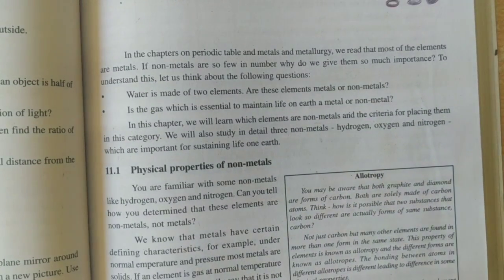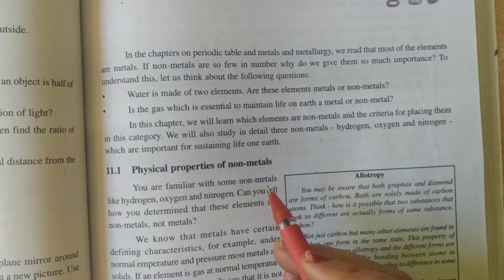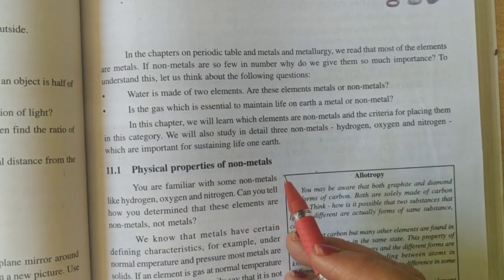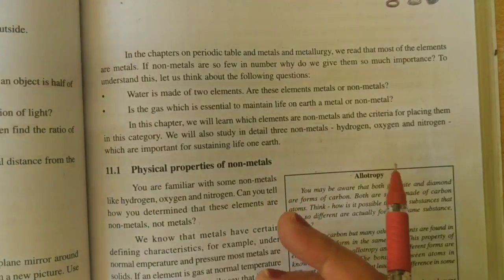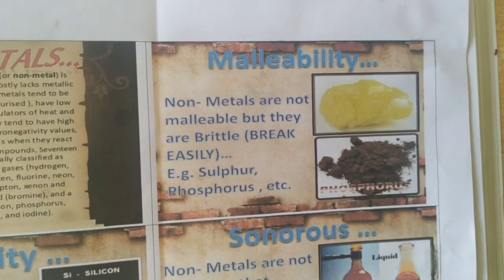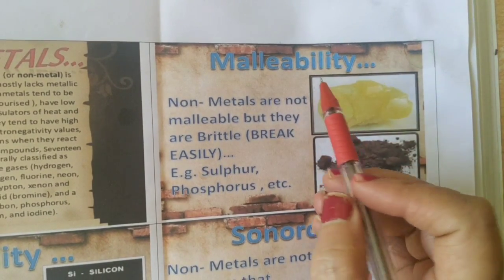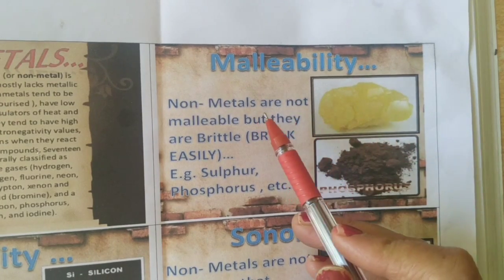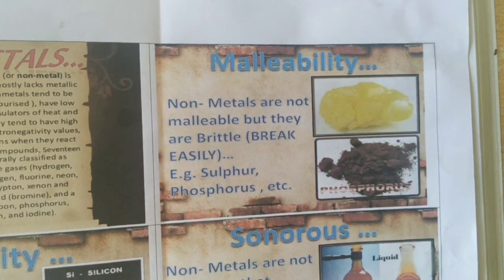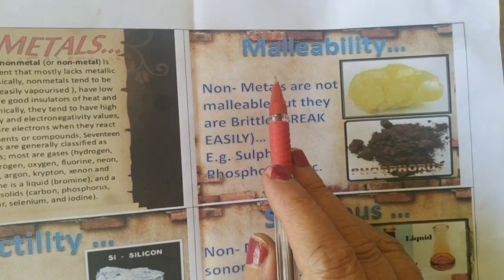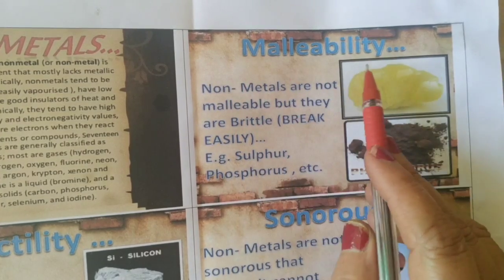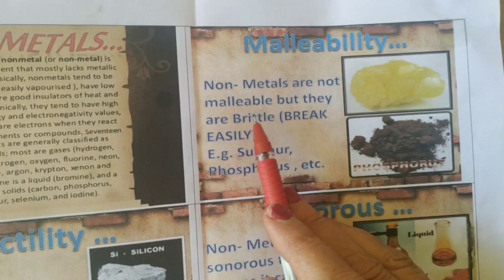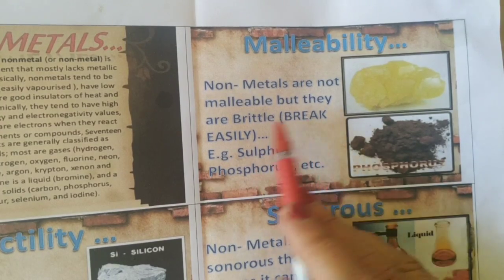Students, now I will tell you the physical properties of nonmetals. About malleability, nonmetals are not malleable, but they are brittle.